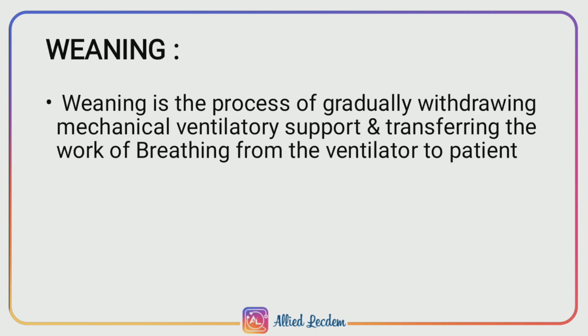Weaning. Weaning means discontinuing the ventilatory support, so the patient can start breathing on his own without the ventilator. Once the patient's frequency and tidal volume are adequate, the ventilator can be disconnected and a T-tube is attached to the endotracheal tube. If the patient is able to maintain normal pulmonary and cardiac function for more than 2 hours, extubation can be attempted.